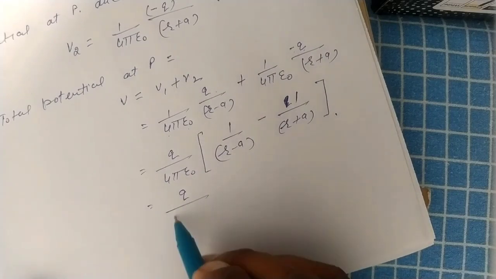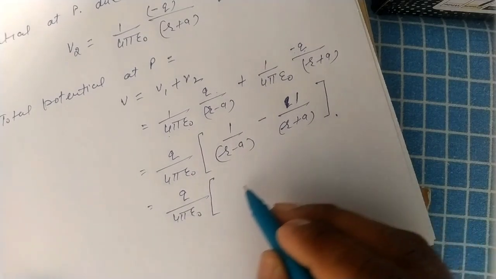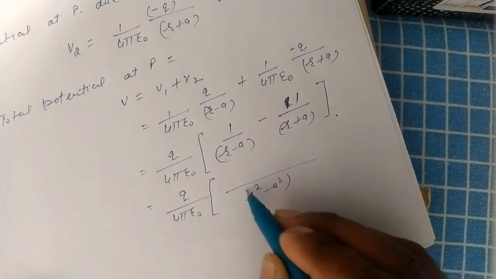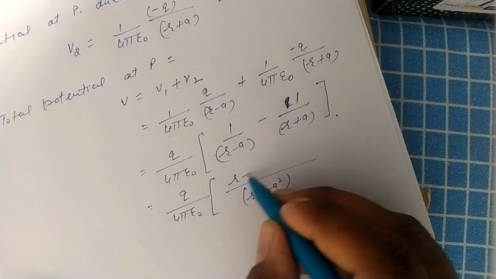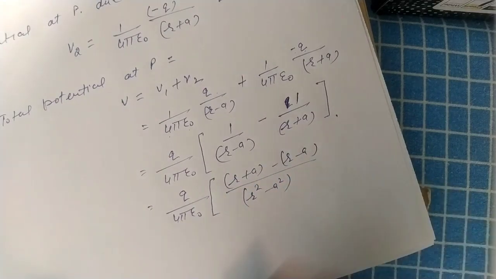Q upon 4 pi epsilon naught, LCM is r square minus a square. Here r plus a minus r minus a.